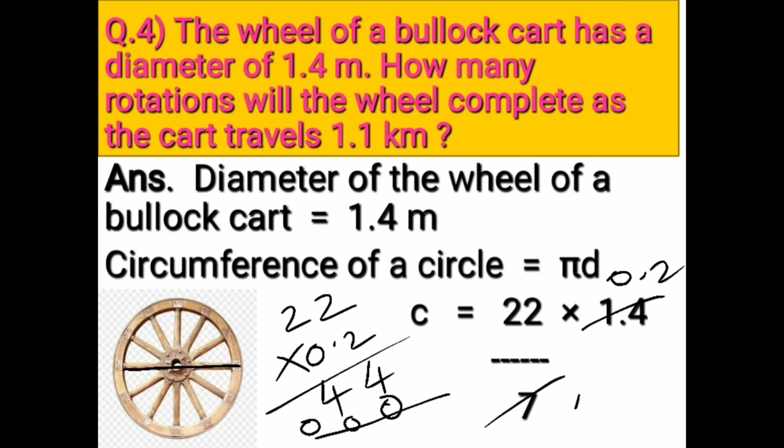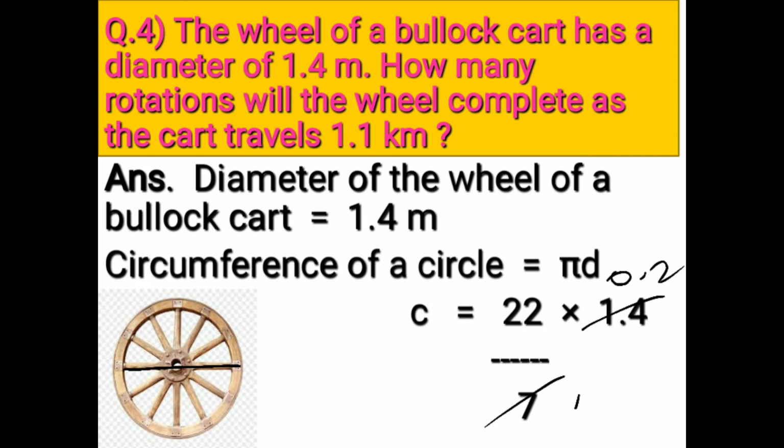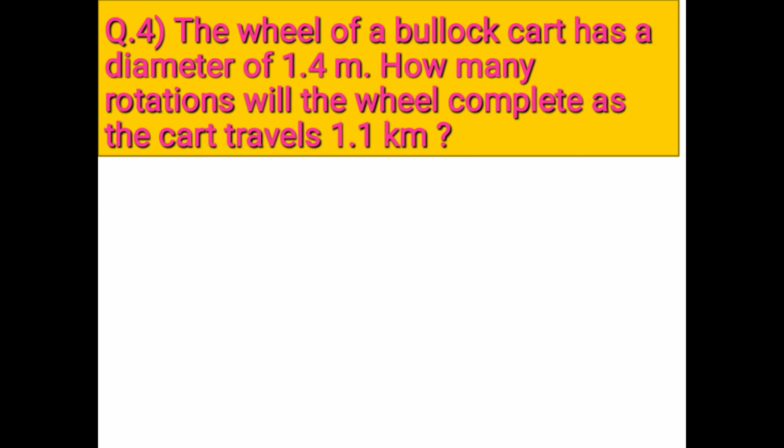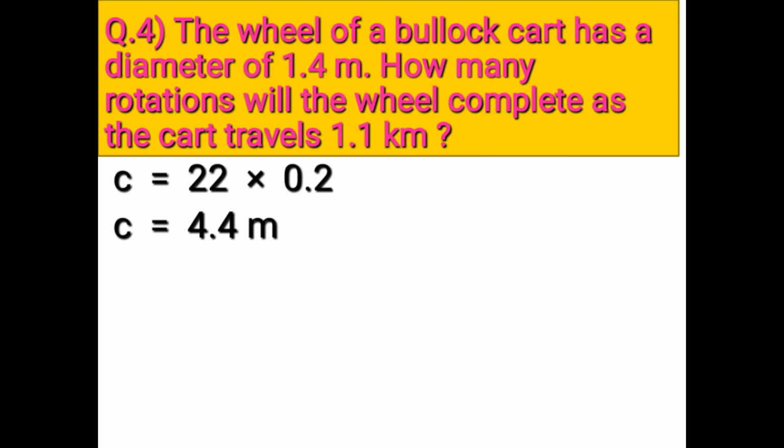Now add this: 4 plus 0 is 4, 4 plus 0 is 4. In 22 into 0.2, one decimal place is there, so before one digit the decimal point comes. So the answer is 4.4. Circumference is equal to 22 into 0.2, which is 4.4 meters.